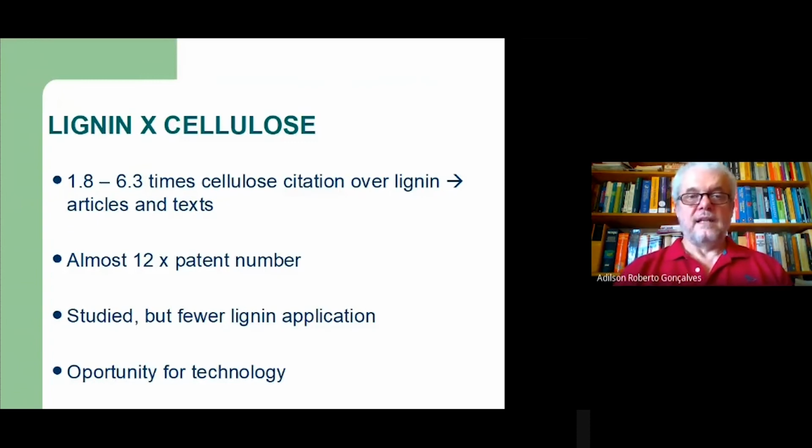You look into articles and texts, but the patent numbers have twice this value. That means we are interested in cellulose, of course, but we have fewer technical applications for lignin. So we need to study this lignin more. And then there's a very interesting challenge. There's an opportunity to be evaluated, the utilization of lignin.